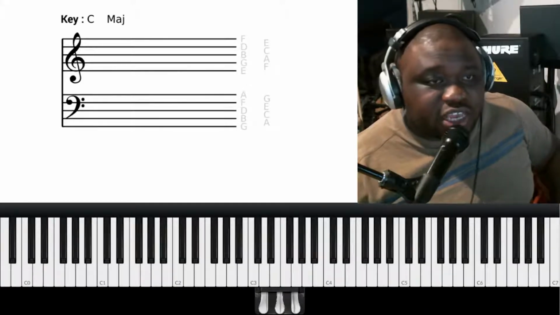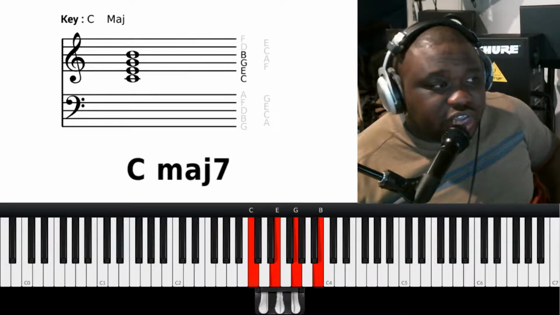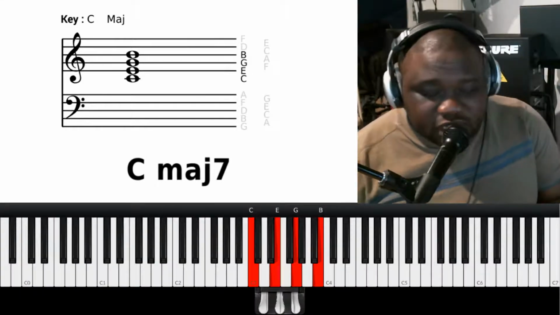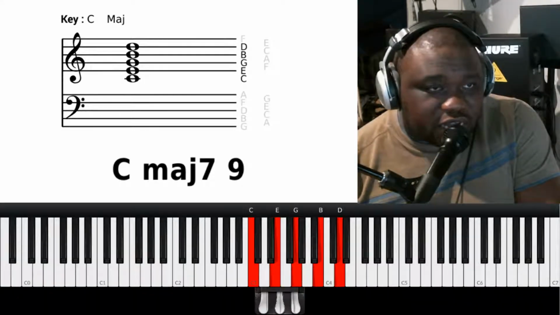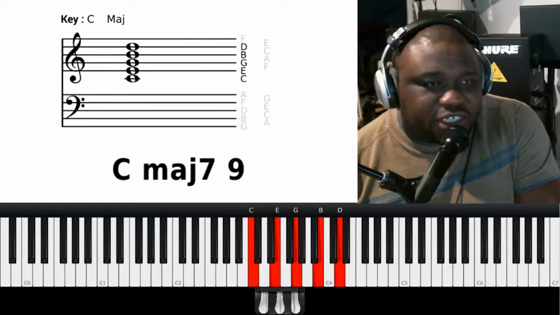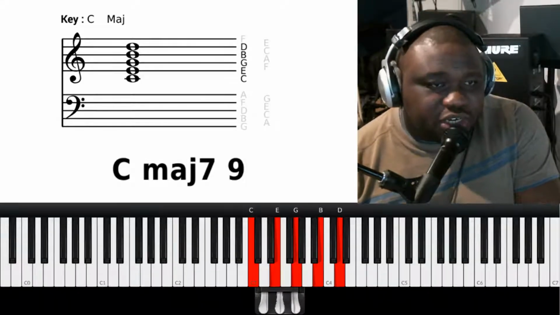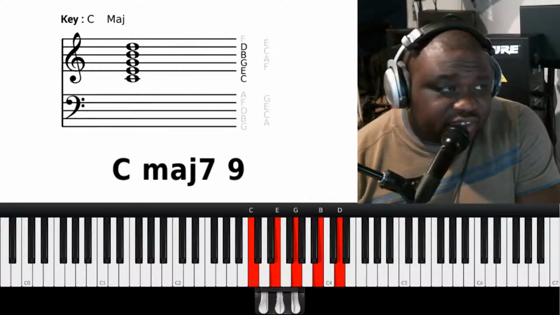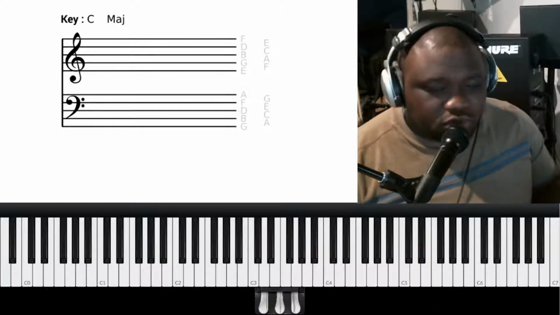Let's say you have a chord like this, and then you see something that looks like this. You see how there's a 9 there? Where did that 9 come from? That's what we are going to talk about, so that you can have a better understanding of what that 9 means.